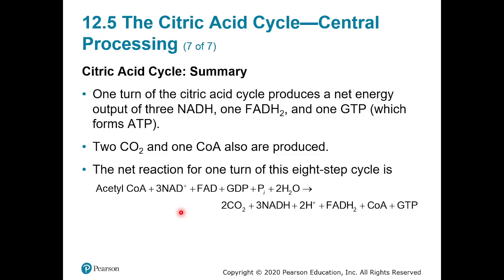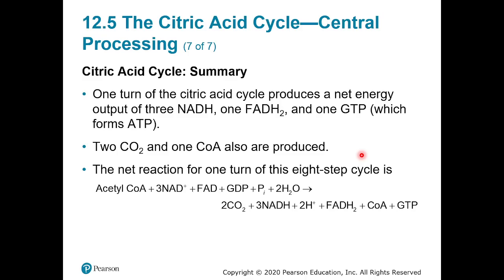Now, let's do a summary of this. What's the overall result of all that? One turn of the citric acid cycle is going to produce a net energy output of 3 NADHs, 1 FADH2, and 1 GTP, which is energetically equivalent to an ATP. You can just think of it like an ATP in terms of the energy you're producing.